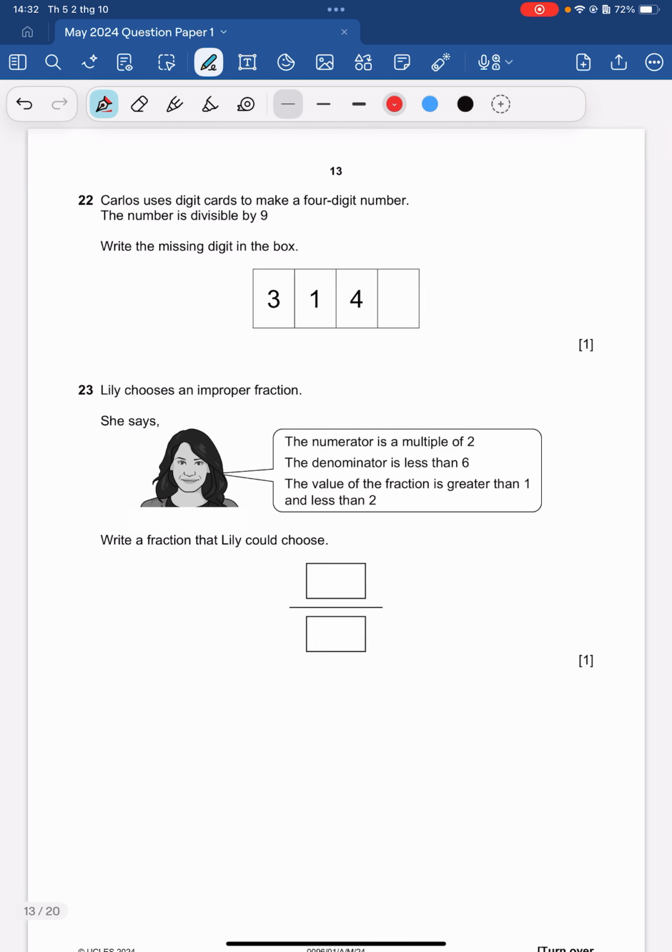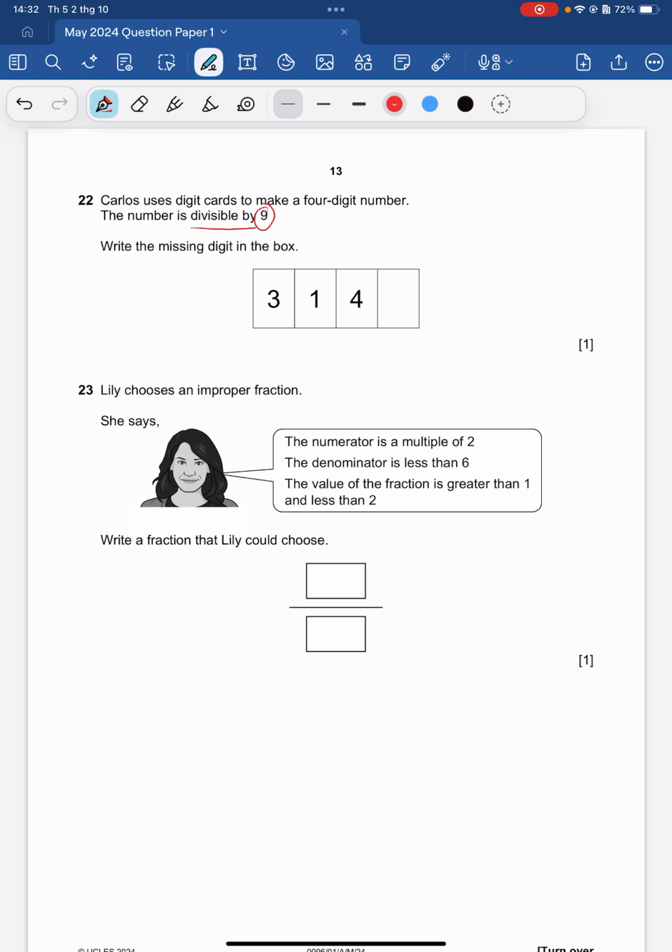Exercise 22. A digit is missing to make a 4-digit number, and the number is divisible by 9. Write the missing digit in the box. Okay, to get a number divisible by 9, you make sure the sum of all digits is divisible by 9, right? So we have 3, 1, 4, and A. I call this number A. That would be 8 plus A. So what is A, do you think?